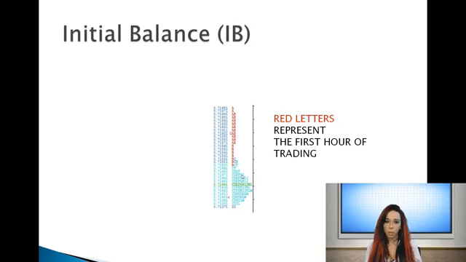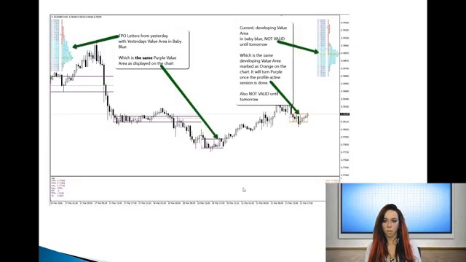But keep in mind that you can only use the value area from the previous trading day and not from the current developing day, which means that on the Blatek indicator, if I show you this chart, you'll have the closed previous day's TPO profile on the left-hand side.